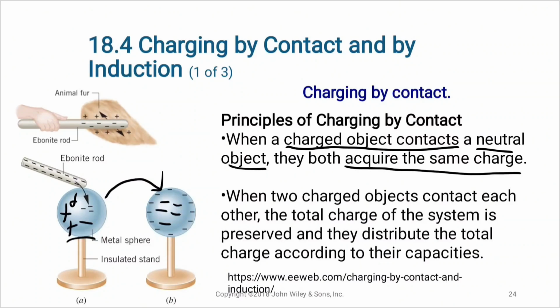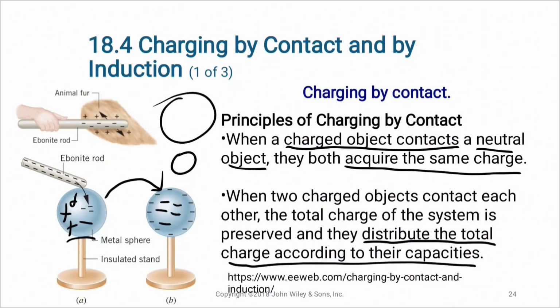Now, it may vary with size because the total charge is distributed according to capacity. If you have a small object, it simply occupies a minimal charge. If you have a large object, it requires a greater amount of charge.